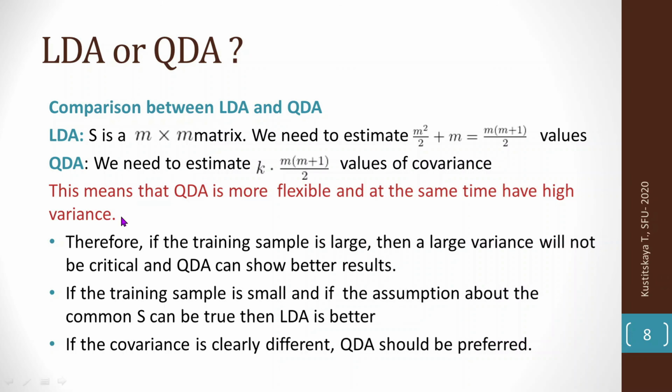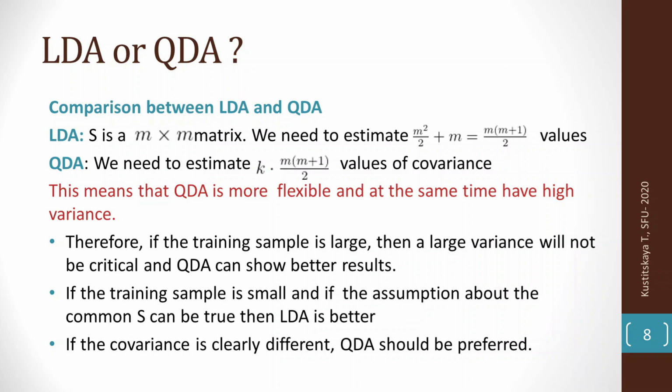Whereas when we deal with QDA, we need to estimate k times more values of covariance. This means that QDA is more flexible and at the same time it has a higher variance.